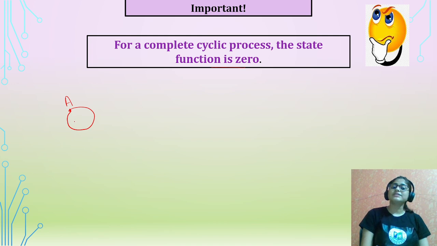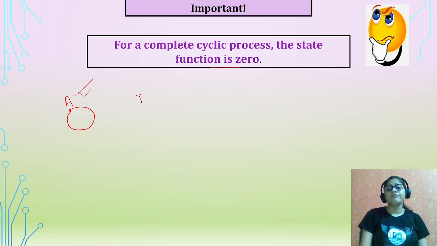So this is a cyclic process. Let's first consider the state function. For a state function, we want to know the initial and final state, not the path. So the initial and final state is again A.